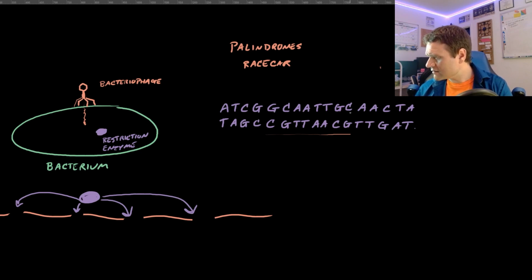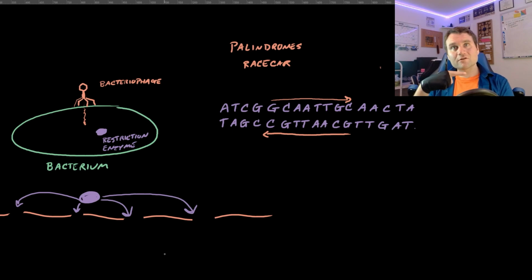Now, obviously, this section that I highlighted, GCAATTGC, doesn't read backward here just the same, but if you read this forward, GCAATTGC, and then you read the bottom side backward, GCAATTGC, you'll see that it actually is going to read the same forward and backward if you look at both strands.